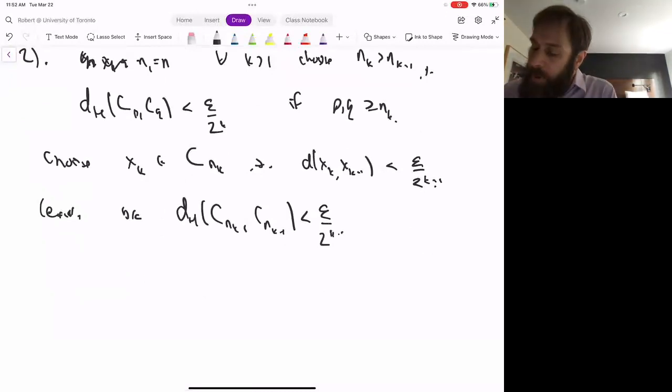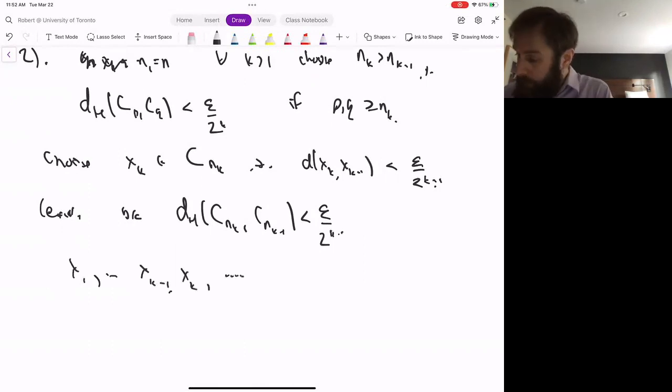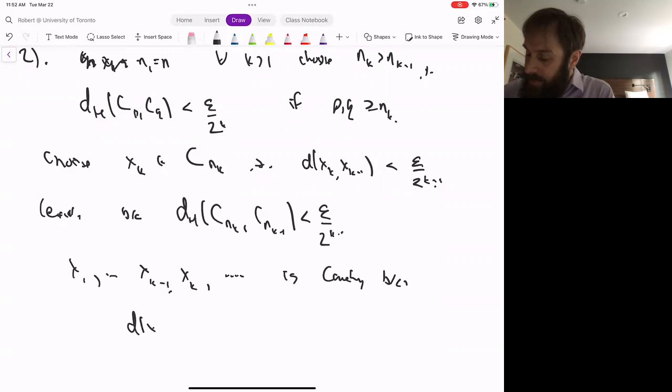And so now the point is that this sequence of points that I've just defined recursively is Cauchy, because, well, you can sum the distances. I don't know what better way to say it.